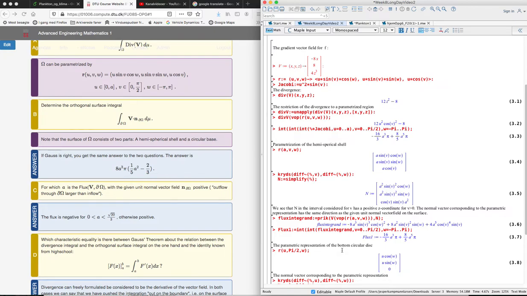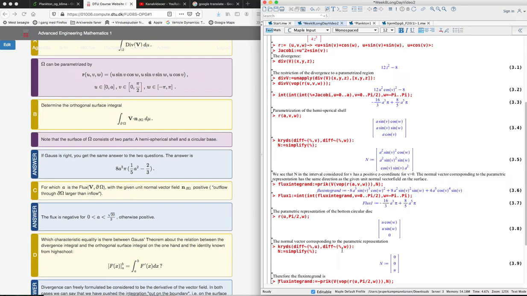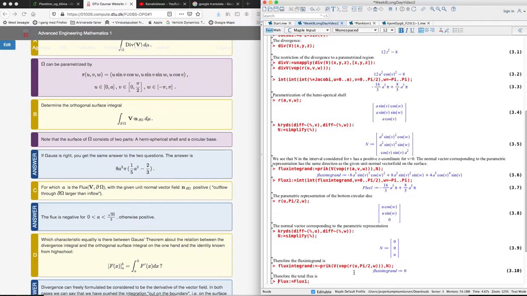Take the normal vector in the usual fashion, and then we compute again the flux integrand, which is a dot product between the restriction of the vector field to this parametric representation and the normal vector. This flux integrand is 0, and therefore the total flux is equal to the flux through the hemispherical surface.